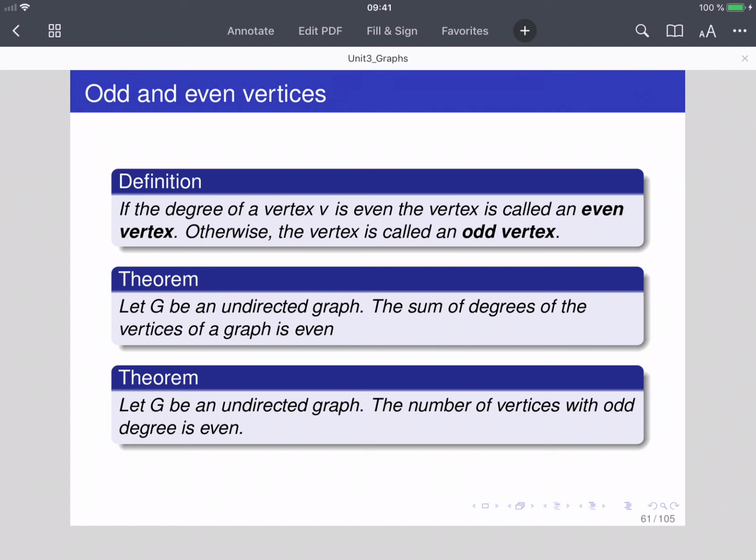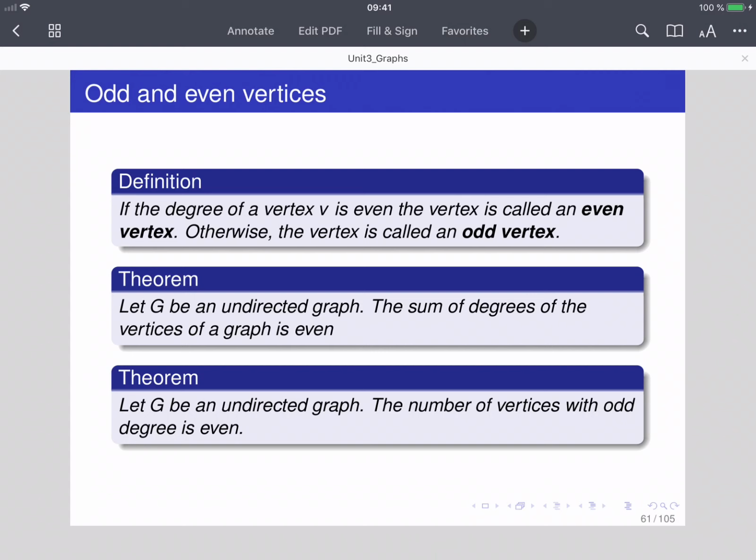In this case, we are considering non-directed graphs. So the degree is the number of edges that are incident in a given vertex, and we have also studied in different cases what is the degree in a type of graph, like for instance the complete graph or the cubic graph or something like that.